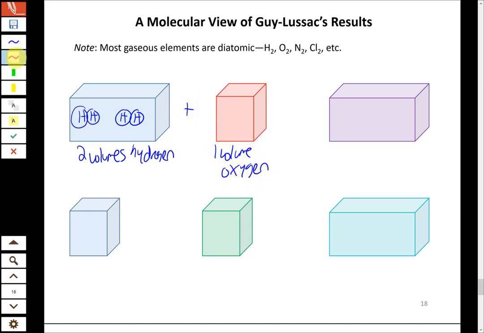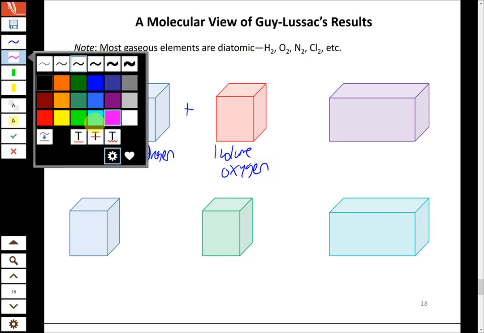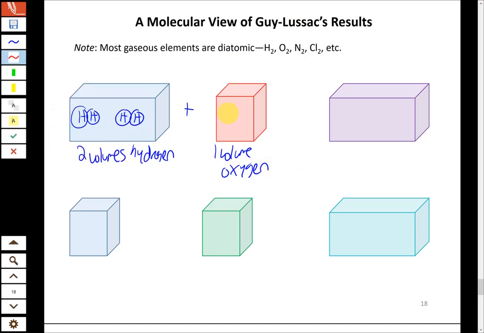So that means at the molecular level you have 1 molecule of oxygen. Put little symbols in there. 1 volume of oxygen, and those react to form 2 volumes of water, which is also made up of molecules.